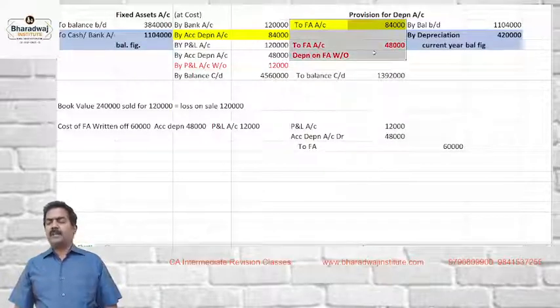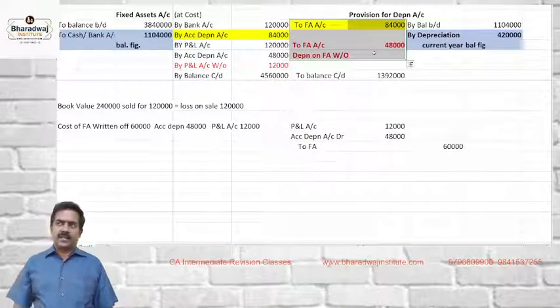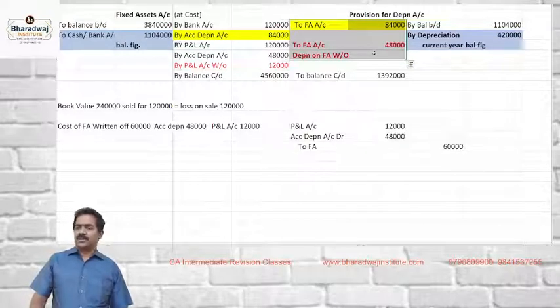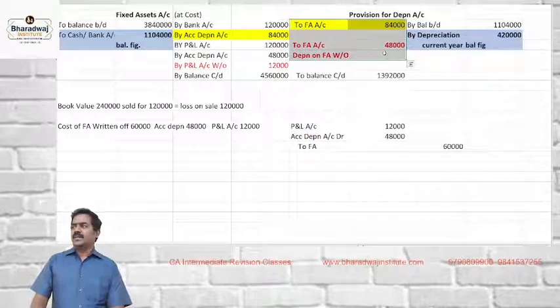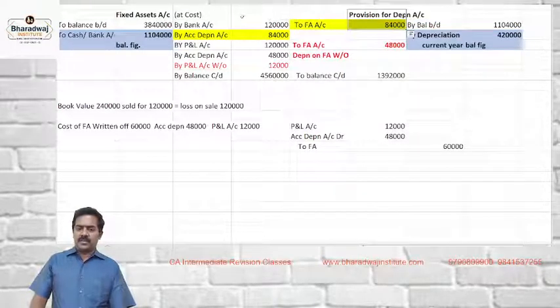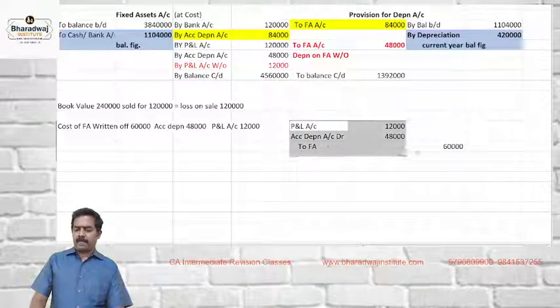This current year depreciation will also be adjusted. This will not come in P&L account. Okay, accumulated depreciation on the asset written off or asset sold. Is it being charged in P&L account? No. This part, 84,000 and 48,000, was not recorded in P&L account. It's between provision for depreciation and fixed asset. That will not be reflected anywhere.